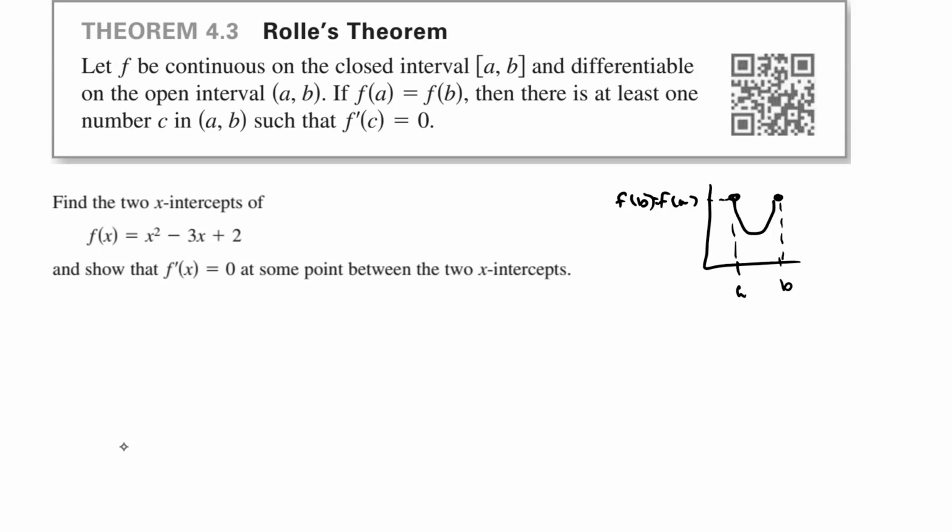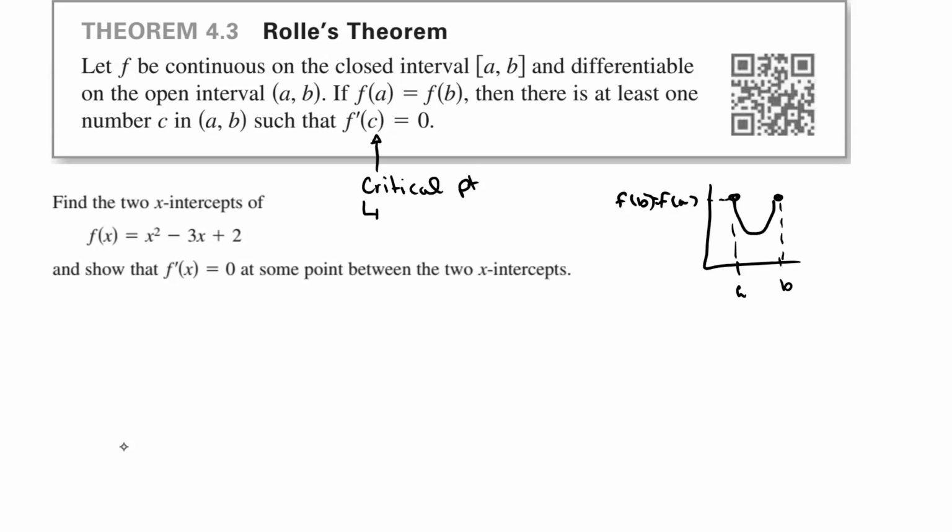We have to have a critical point or a turning point, right? F prime of c equal to 0 means a critical point. Or in this case, it's going to have to be a max or a min.